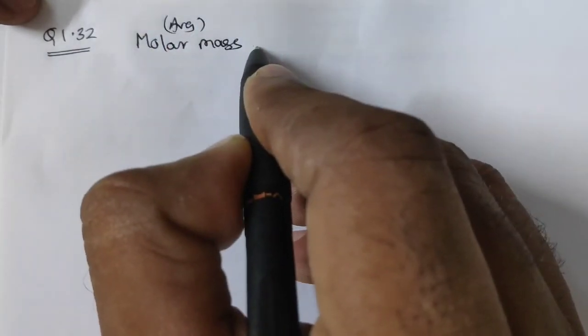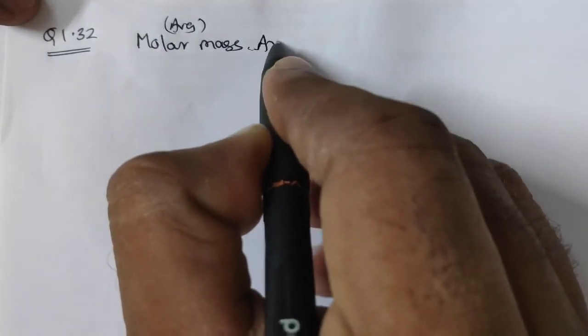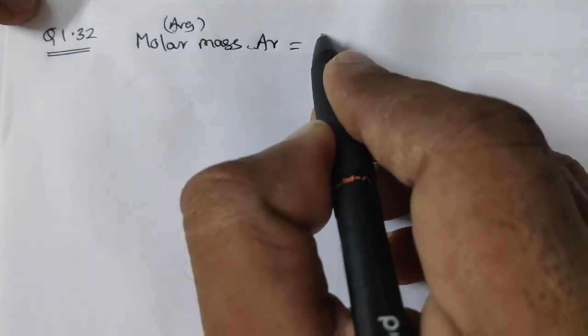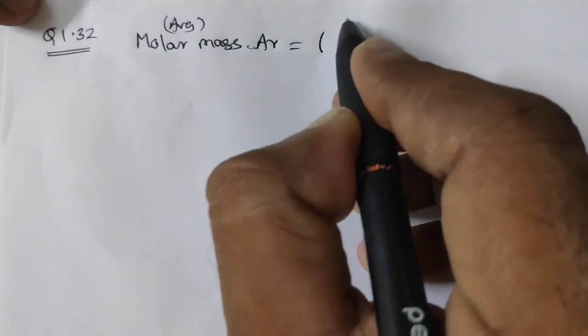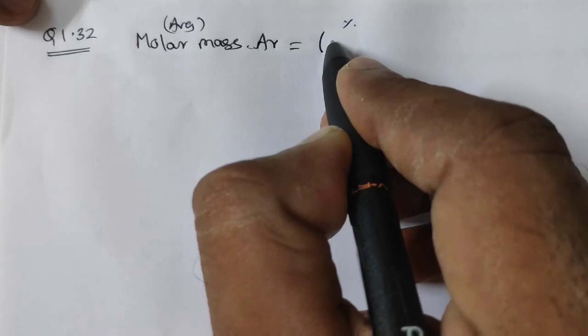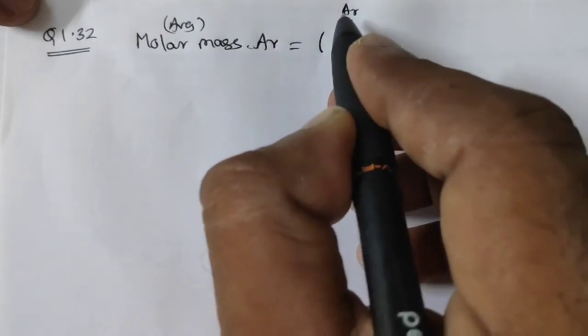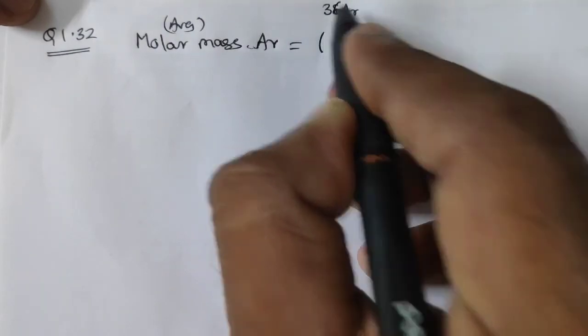If you want to find molar mass, we can use the words average molar mass of argon, Ar, is equal to, whatever the percentage abundance of the first one, that is Ar36.